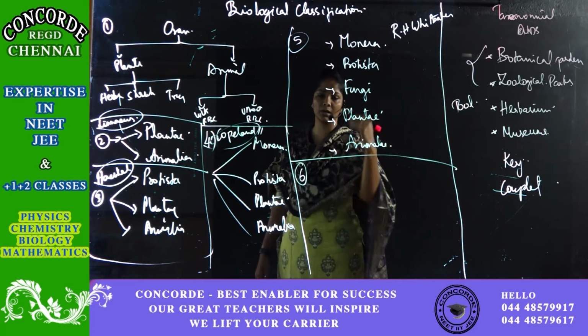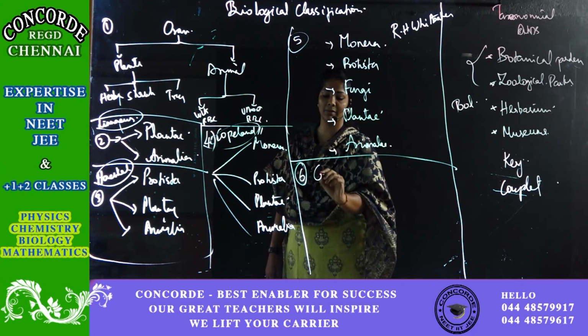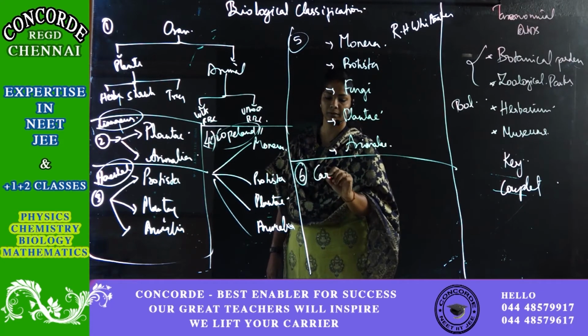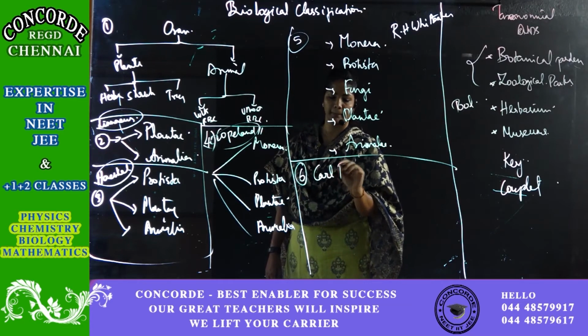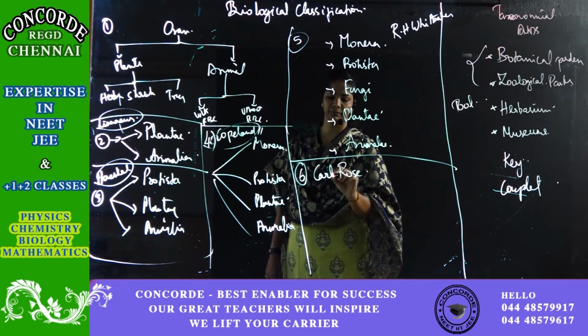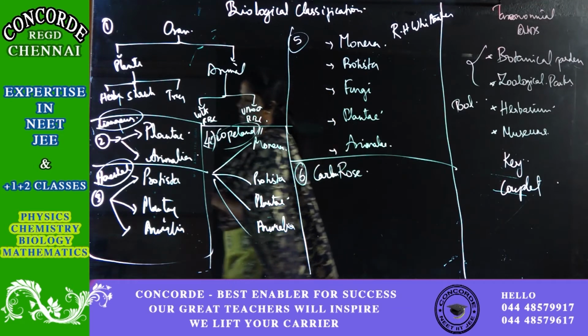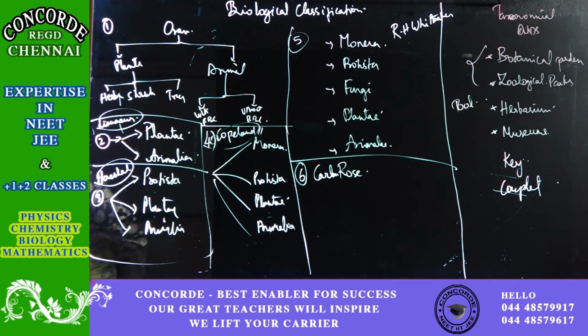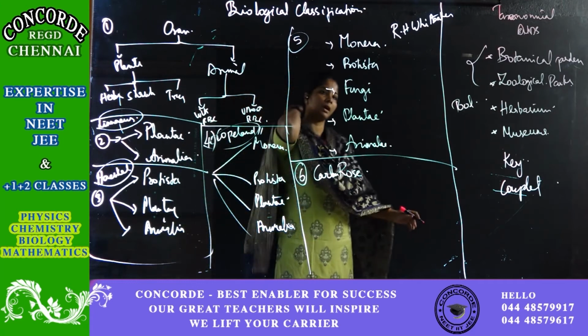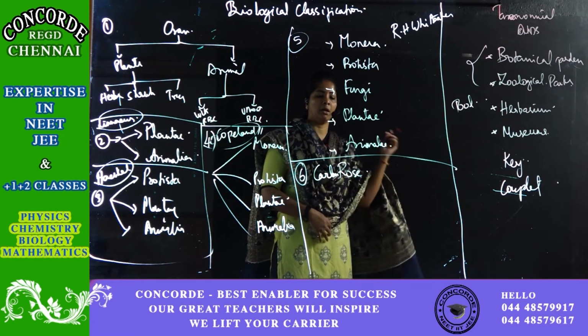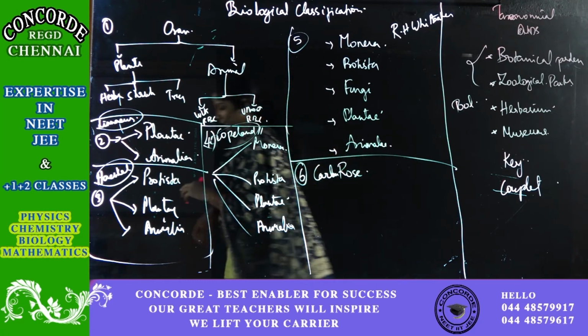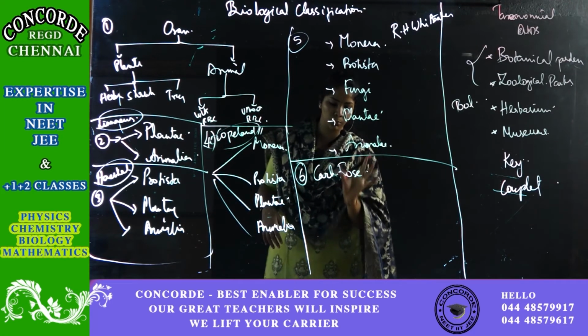After this, we also had the sixth kingdom, which was given by Carl Woese. Sorry, it's not Rose, it's Woese.